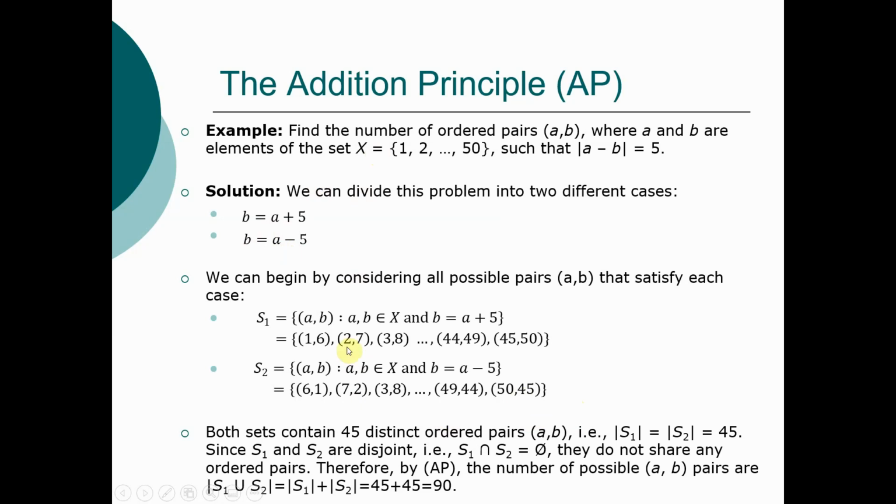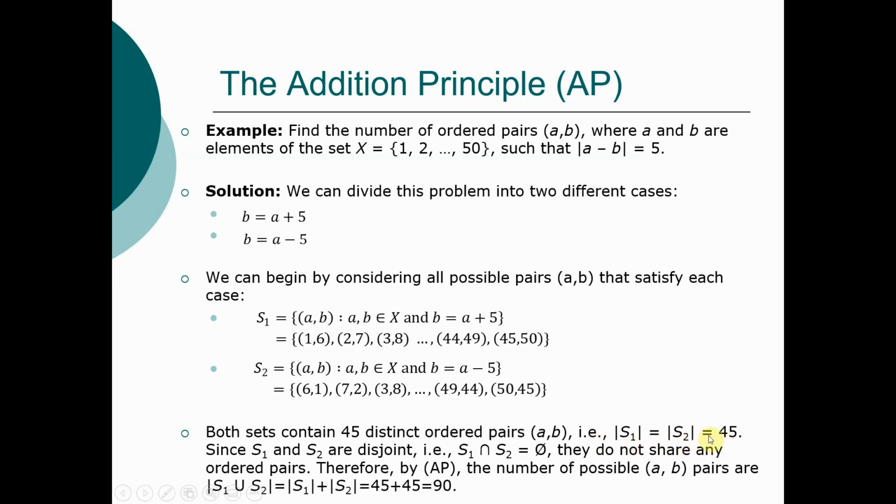Okay, so the number of elements in set 1, S1, is going to be 45 pairs. Set 2 is also 45 pairs. So the number of pairs of A and B that satisfy this condition is going to be 45 plus 45. Right? The number of elements in S1 is 45.